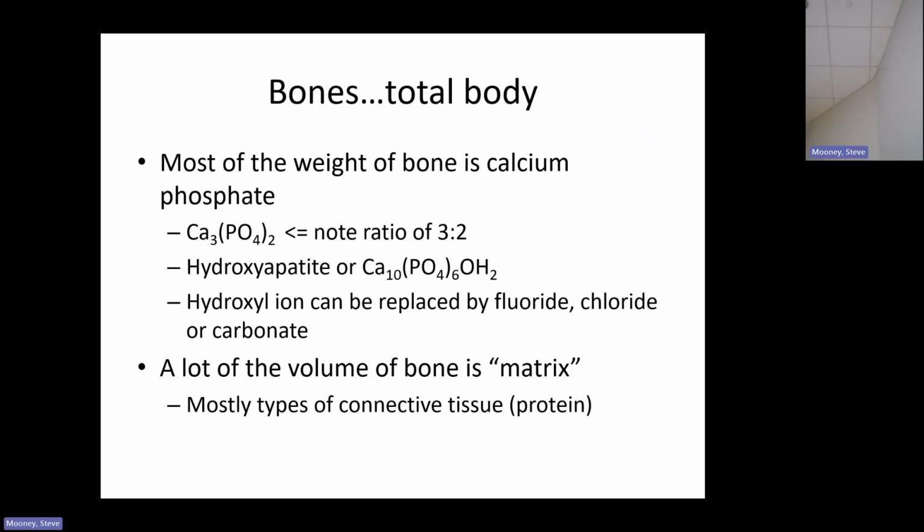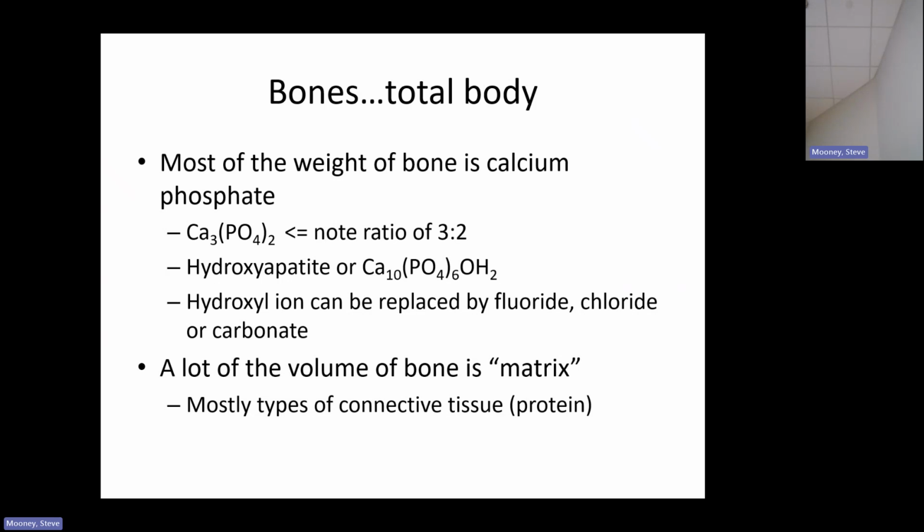Most of the volume of the bone is going to be matrix. We have that protein skeleton that determines the shape, and then the body adds the inorganic components to make that shape rigid. Has anybody heard of rickets? If your animals don't get enough calcium or enough vitamin D, they get rickets.